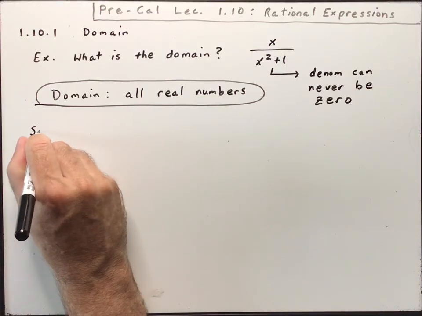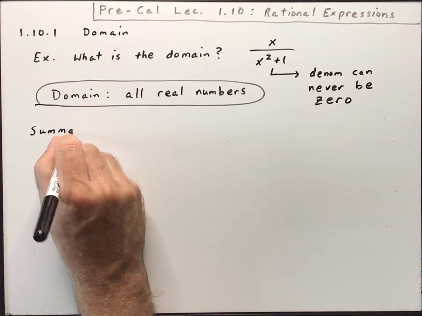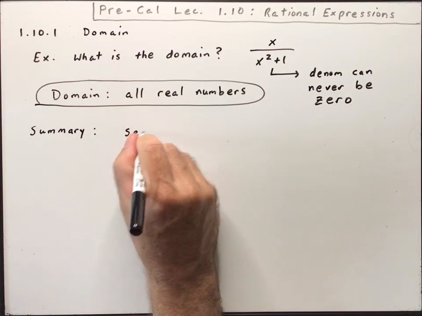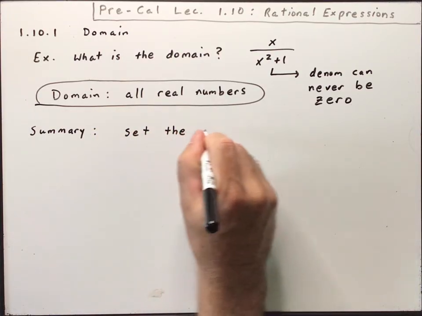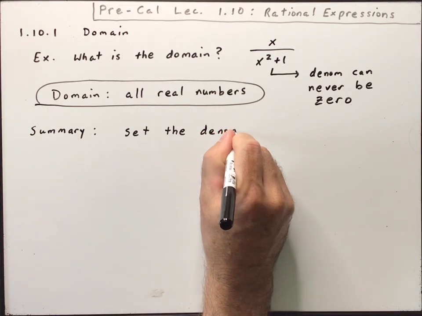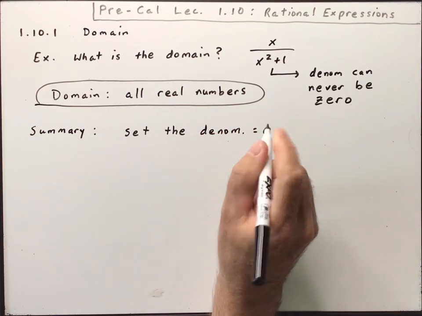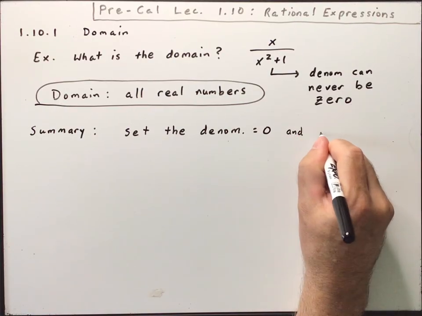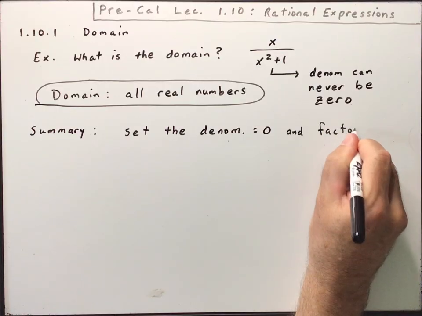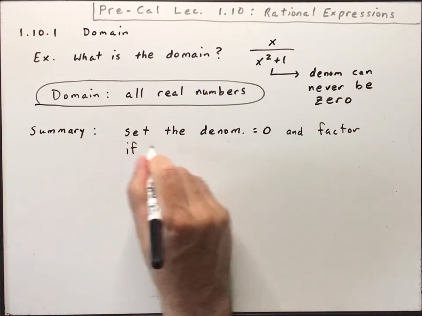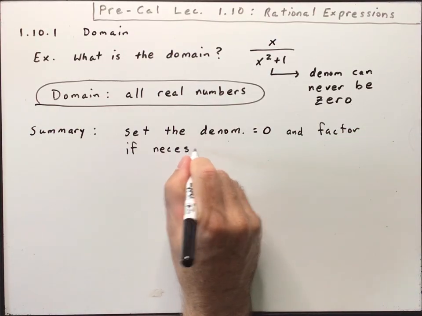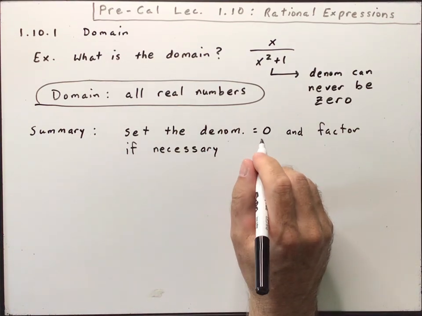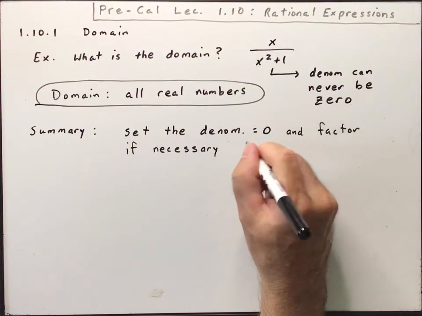All right. So the summary for this section is set the denominator equal to 0. Factor if necessary. So you might just be able to eyeball it to find the values of x to exclude.